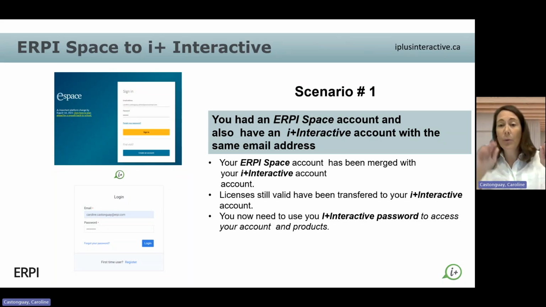So if you've got those two accounts that share the same email address, so the same username, what we did is we took all of your products that you had in the ERPI space and we transferred them automatically onto your iPlus Interactive platform. Now you will need, obviously, to use your iPlus Interactive password to access the account and those products.